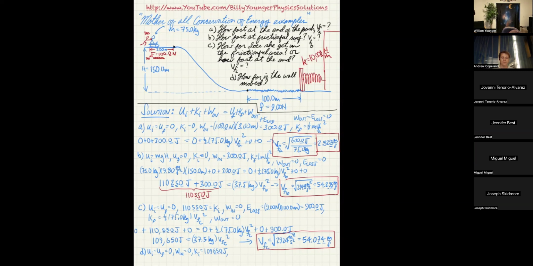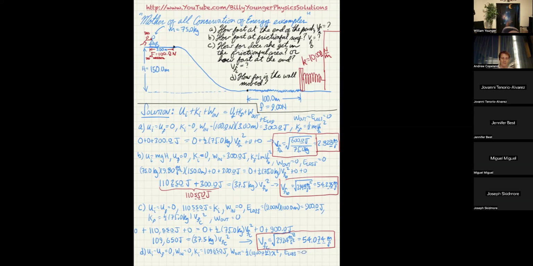The work out is 1/2. Let's write it this way. The work out is 1/2 times 10,000 newtons per meter times x squared, and the x is what we're solving for. And the E loss, we've already accounted for that friction loss earlier when we subtracted the 900.